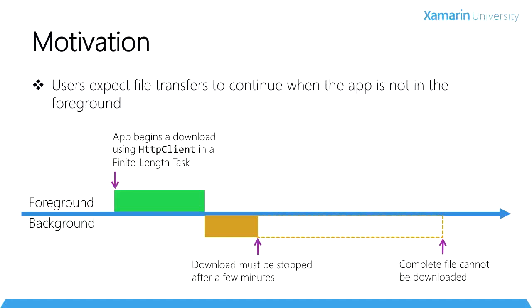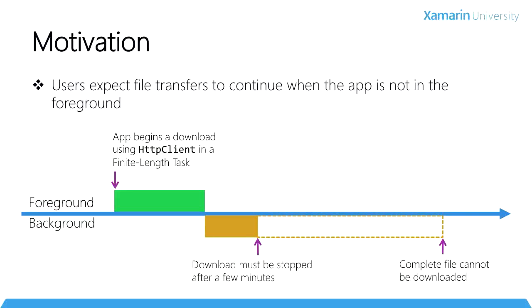And within these 10 minutes, we were able to use APIs like the HTTP client to initiate a download. So we could start the download while in the foreground, and it would continue for a maximum of 10 minutes. But eventually, iOS would say, you're out of time, you can't continue this download, so all threads will be suspended. So there's no chance to really download large files.